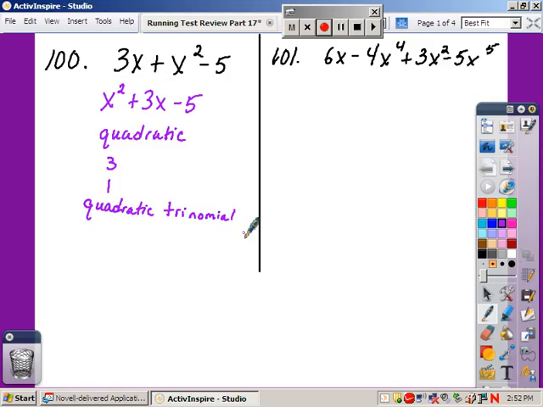All right, following the same pattern for number 101, this time the last term is the biggest, so negative 5x to the fifth, and then negative 4x to the fourth, plus 3x squared, plus 6x.